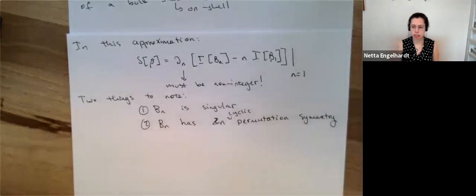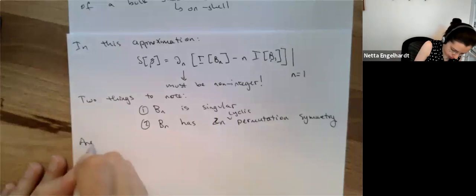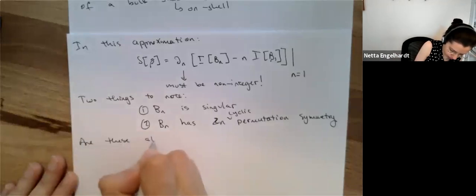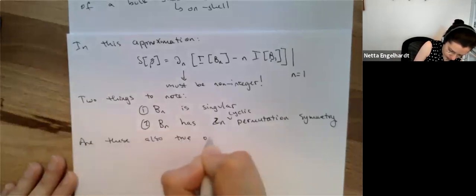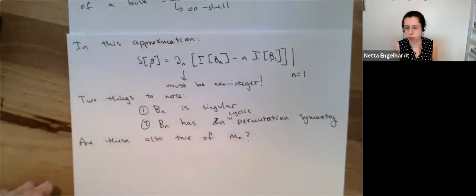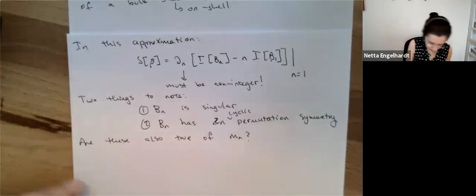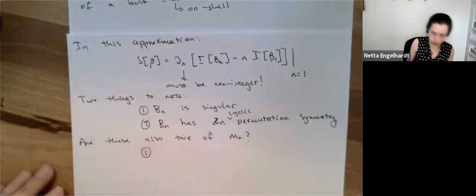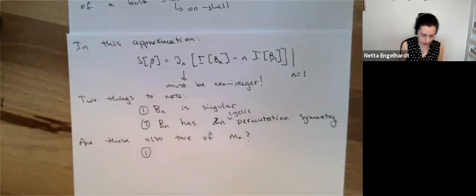One very natural question to ask at this point is, are both of these also true of Mn, the corresponding bulk geometry? The short answer is no, and that's important. The first one you can ask is, is Mn also singular?